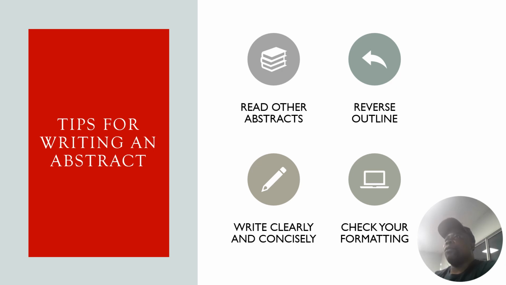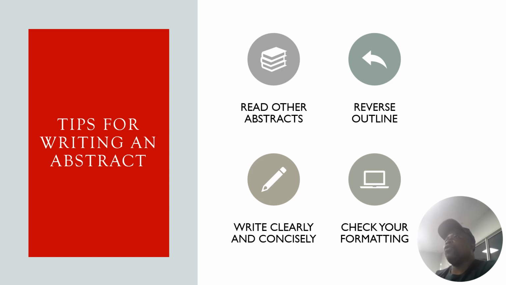If you're coming from science and engineering, don't forget to read abstracts from science and engineering, because there is always a way each faculty or each department writes their abstract, and who determines that normally is the lecturers in the department, and some of them do not have to do with the literature. If you are in academia, you know what I'm trying to say. So it's very important for you to read other abstracts and get familiarized with how abstracts in your department are being written.